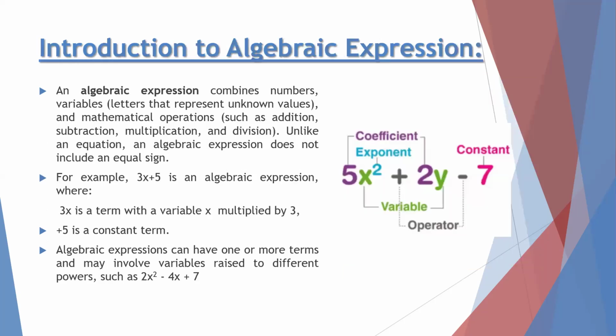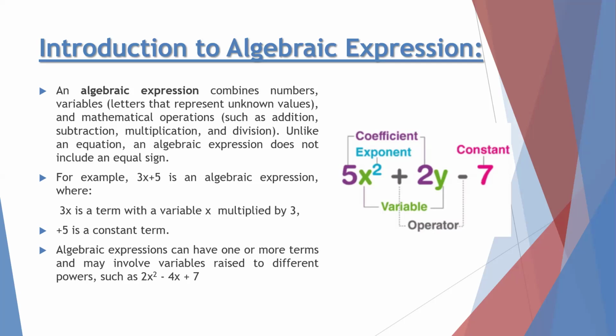Now comes the introduction to algebraic expressions. An algebraic expression is a combination of numbers, variables, and mathematical operations. Unlike an equation, an algebraic expression does not include an equal sign.